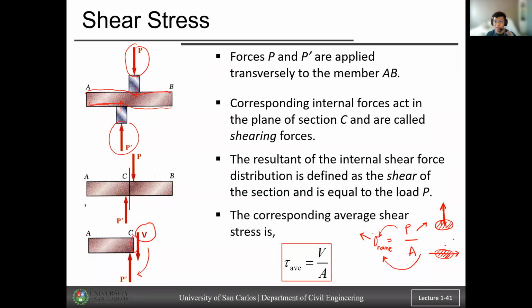So that is new, right? It is the next stress we learn aside from normal stress. As long as you can imagine that the force is sliding across a specific area, that is what we call shear stress. If the force is pushing against the material, perpendicular, that is normal stress.